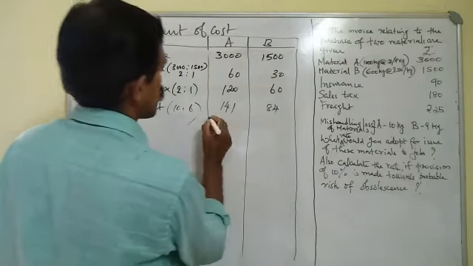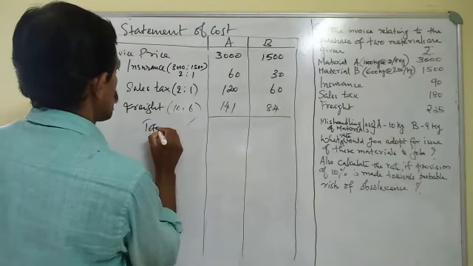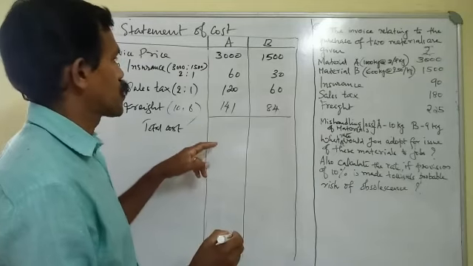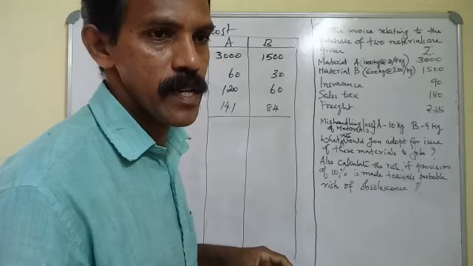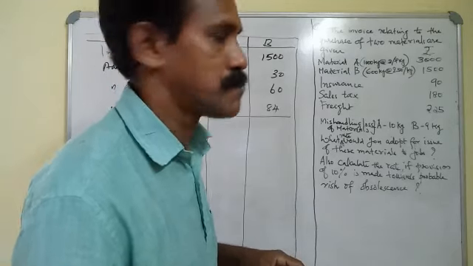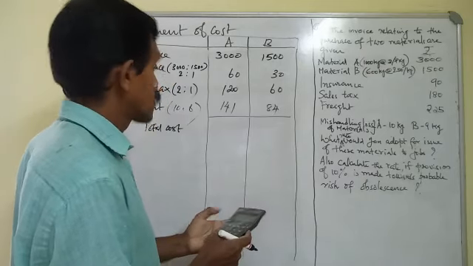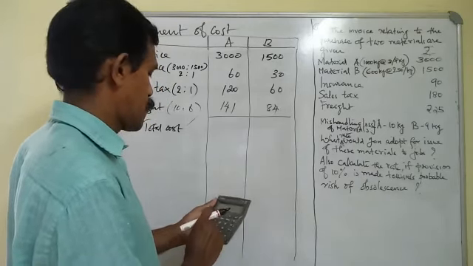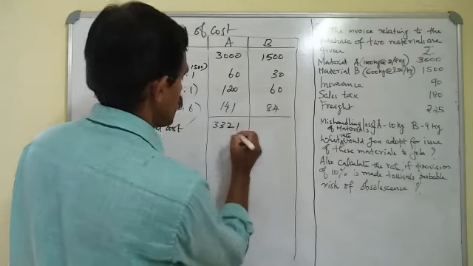Then this is the total cost. Total cost of A comes to 3000 plus 180 plus 141, that is equal to 3321.